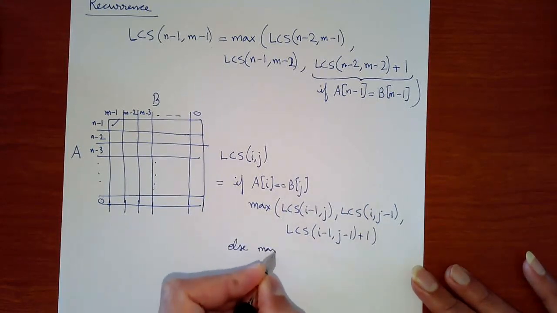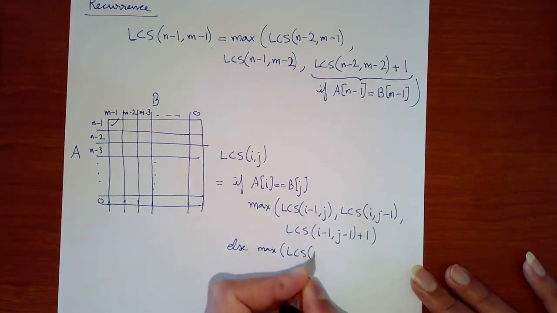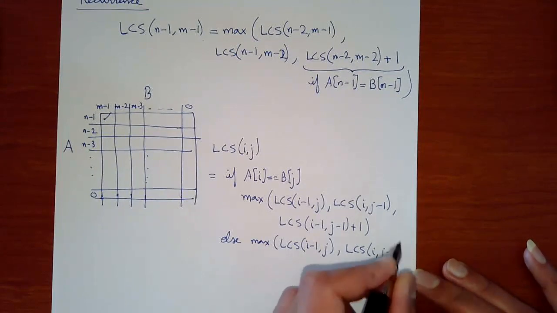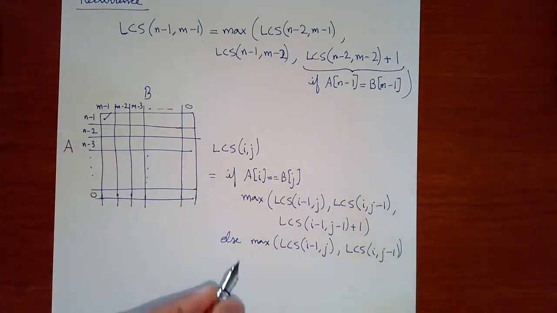Else, it's just the max of LCS I minus 1 J and the LCS of I J minus 1. Right? So this is going to give you the length.